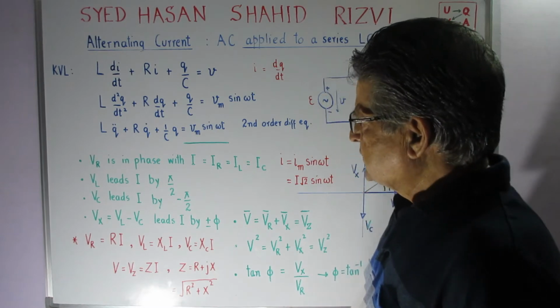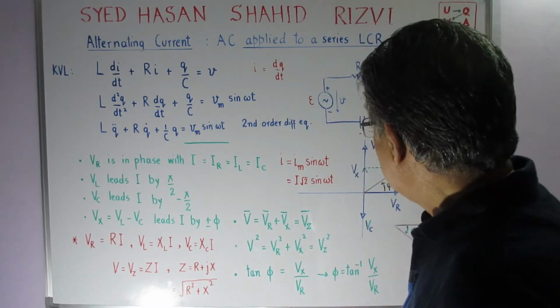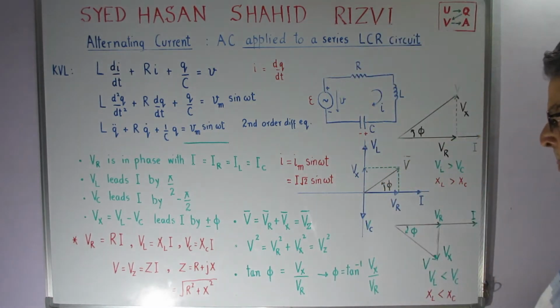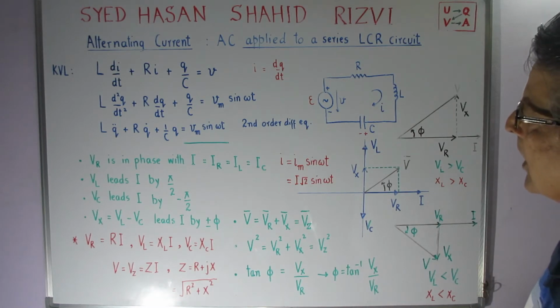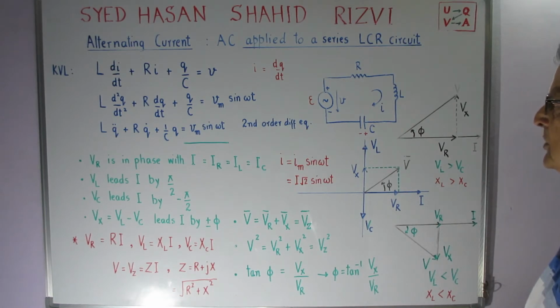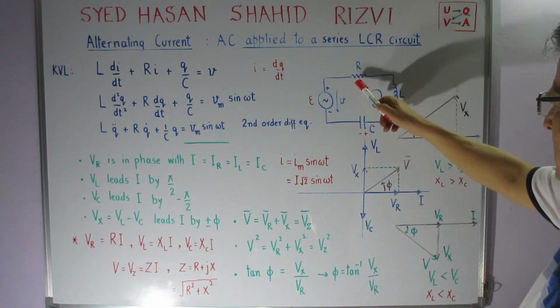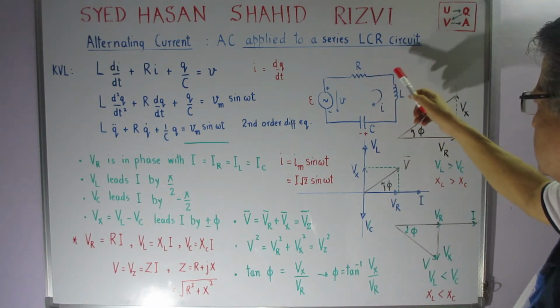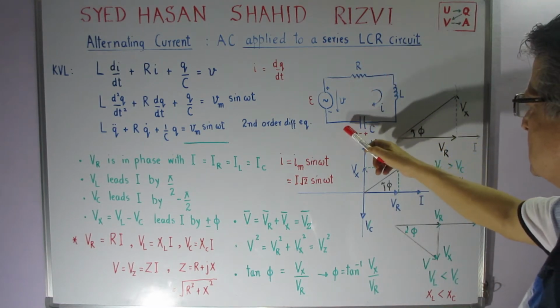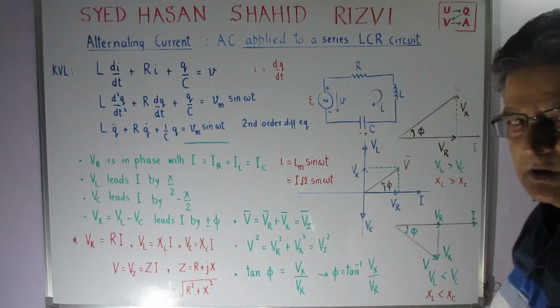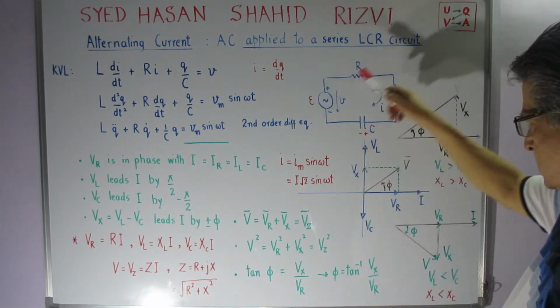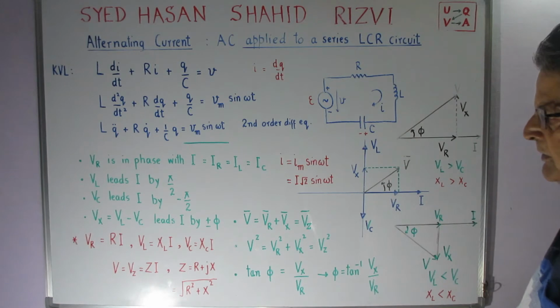So in the first instance we use the phasors. One thing which you must bear in mind is that whatever is the current through R is the current through L, is the current through C, is the current through this source of EMF, because it is a series circuit.